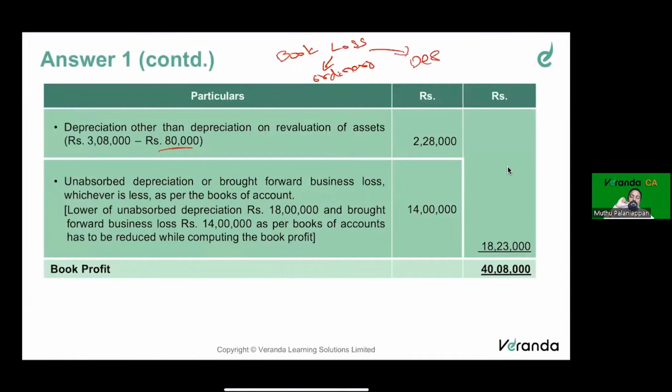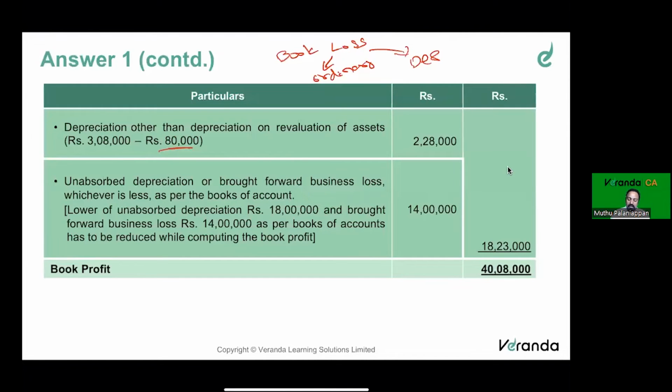Going back to the regular income tax provisions, unabsorbed depreciation is carried forward for any number of years, while the business loss is carried for 8 years. Here in 115JB, it's not like that. It says ordinary book loss or depreciation loss, that is, unabsorbed depreciation or ordinary book loss, whichever is lower, can be adjusted to your profits.